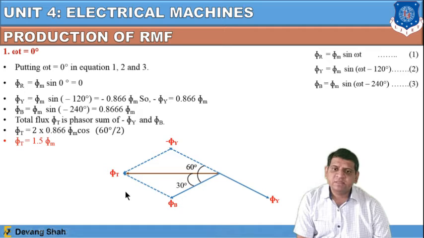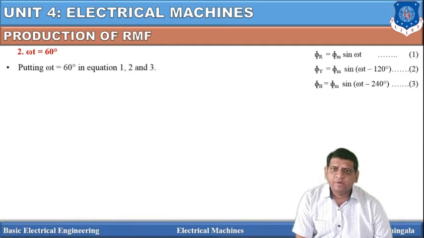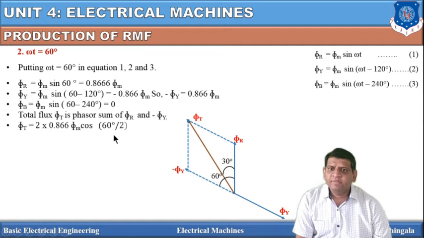Now we take the second instant as omega t equal to 60 degrees. Once you put 60 into these equations, you will find phi T is the same, 1.5 times phi m. But the position is quite different. From the initial position where omega t is equal to 0, the phasor diagram at angle 60 has moved in the upward direction.